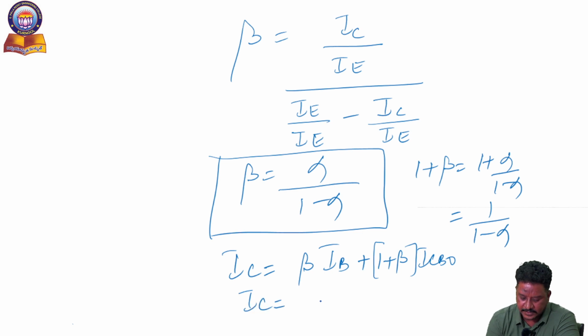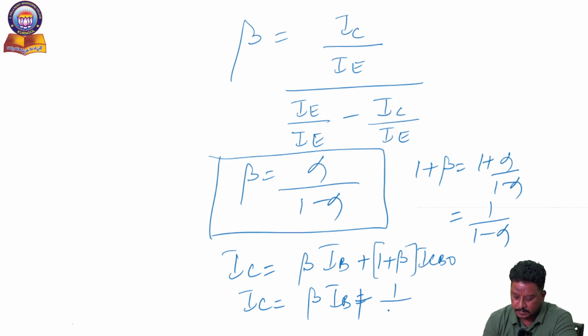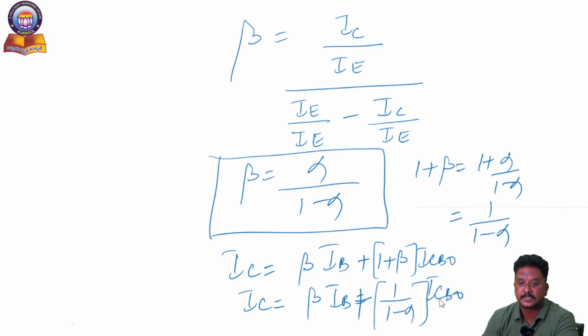So IC is equal to beta IB plus 1 by 1 minus alpha ICB naught. So that is the current equation for common emitter configuration.